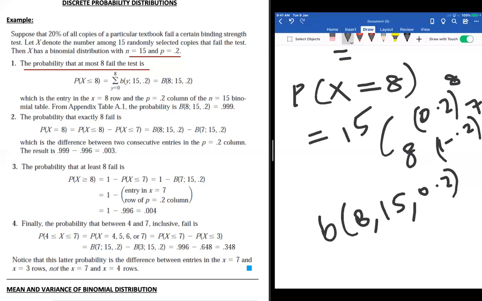Calculate the value using a calculator and you can find it.